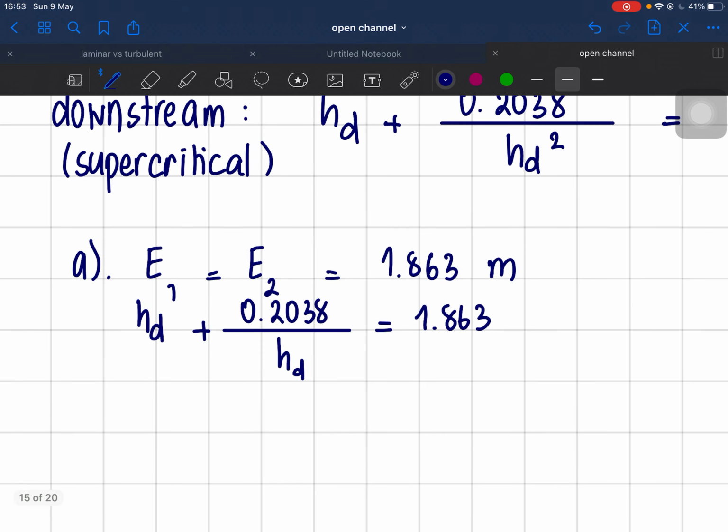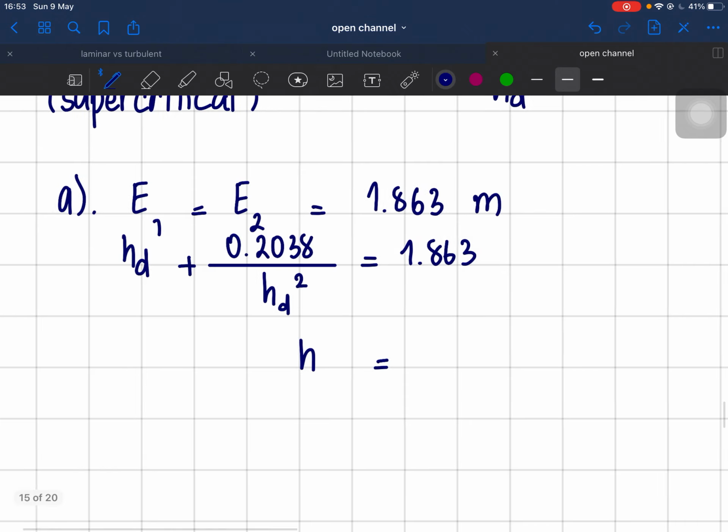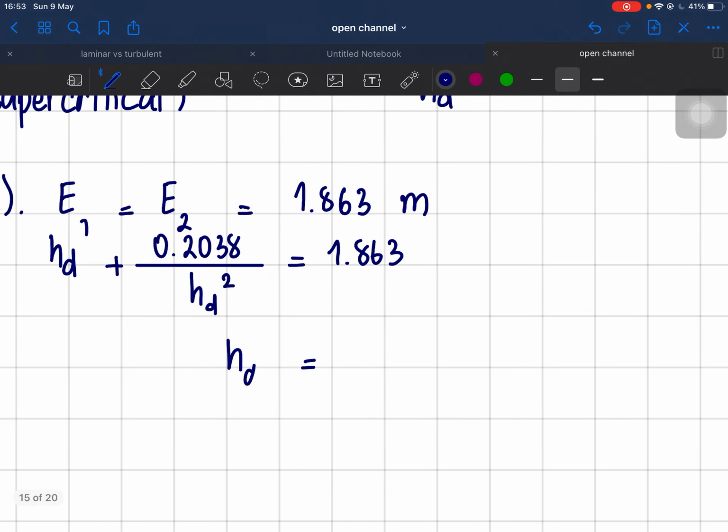Oh, I think I made a mistake, sorry. I need to do this one first. Oh yeah, square here. You guys are so smart. Equals the square root of, because this is the h here.